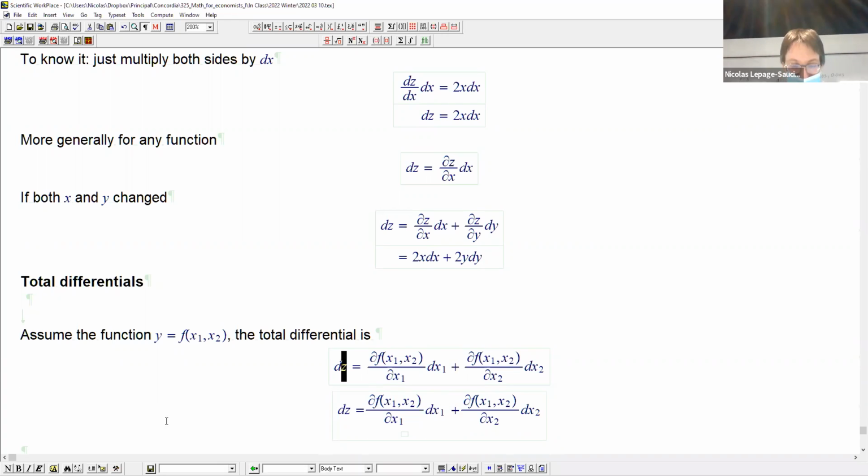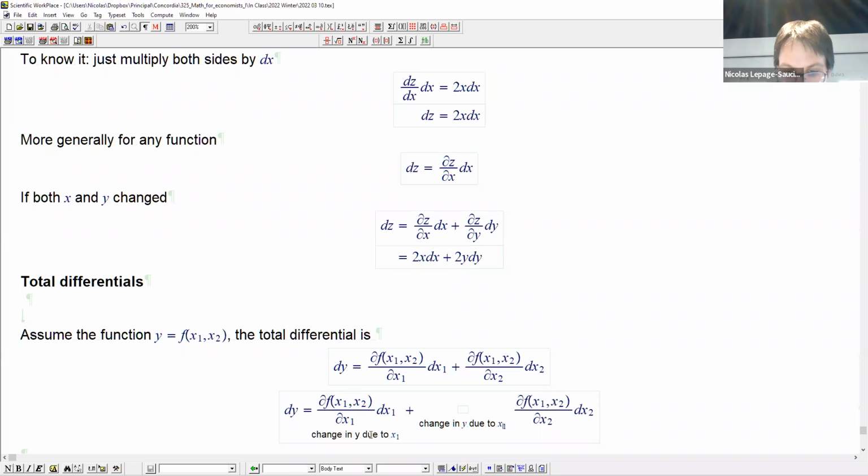So this is the change due to x1, and this is the change in y due to x.